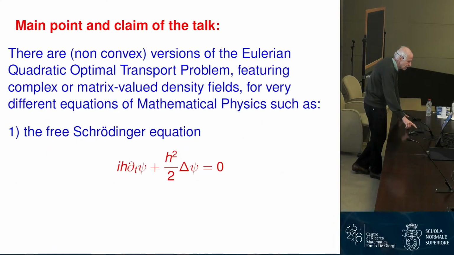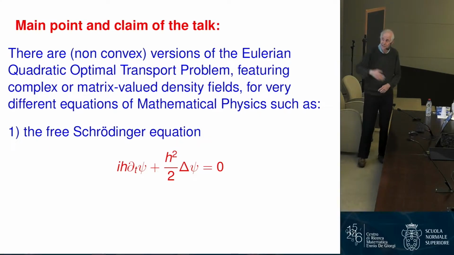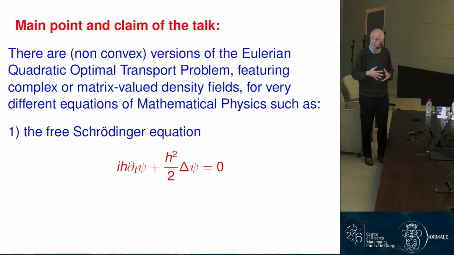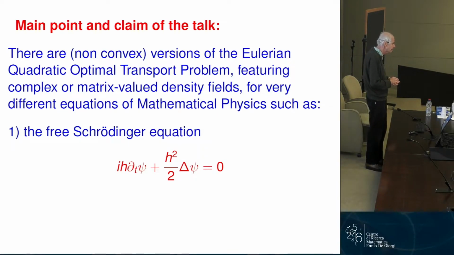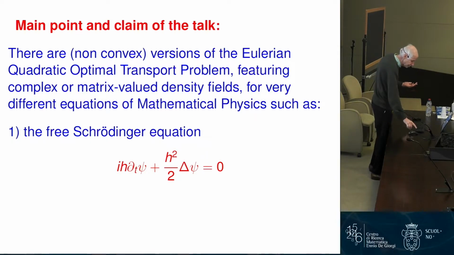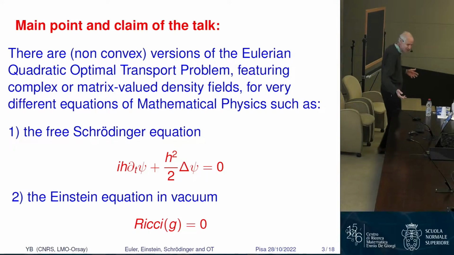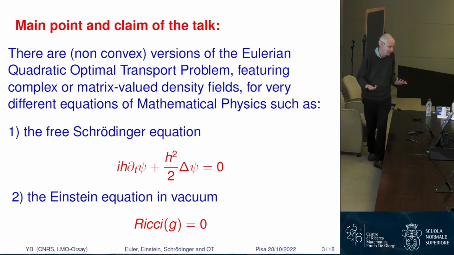Now the claim of the talk is, as I said, that we can build some generalization of this problem, and I claim that this contains important equations of mathematical physics. For instance, the free Schroedinger equation, and something that looks completely different, the Einstein equation in vacuum.